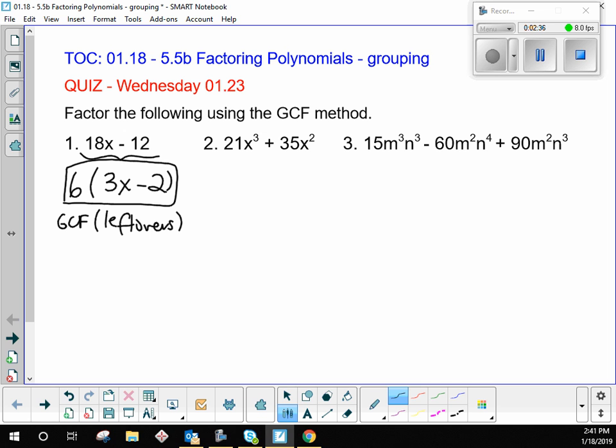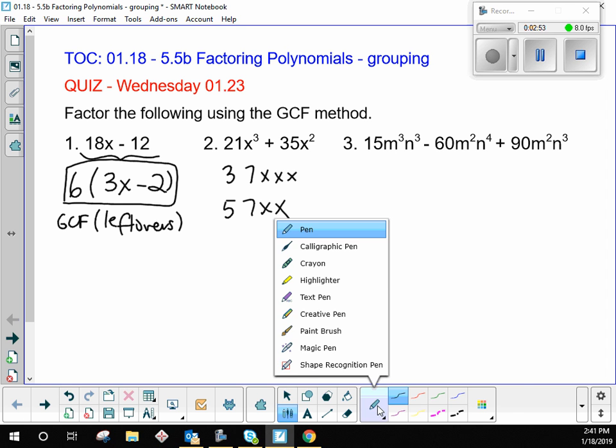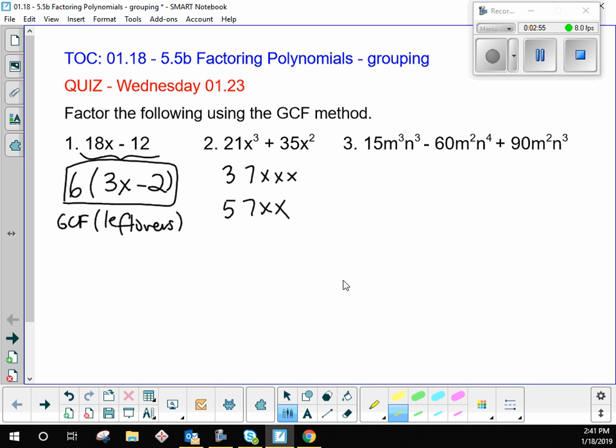So number 2, 21x cubed plus 35x squared. Here's the long method where you expand everything. Like 21 is 3 times 7, and then it has 3 x's. 35 is 5 times 7, and it has 2 x's. And you find what they have in common.